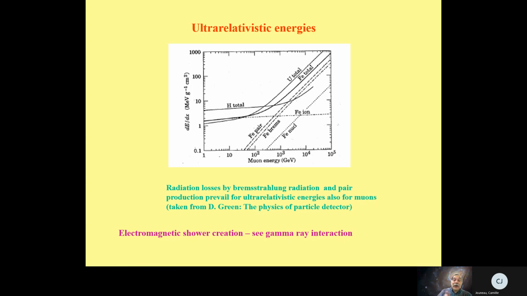After that, the dominant type of interaction with high probability is pair production, and you obtain an electron and positron. That means if they have high energy there will be Bremsstrahlung radiation, and in the end you have an electromagnetic shower with many electrons, positrons, and gammas.